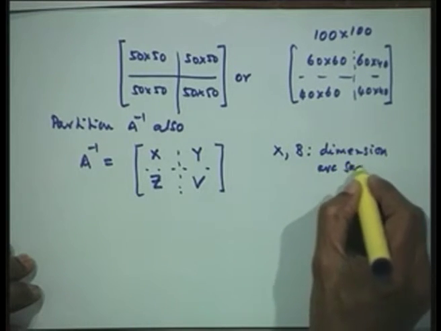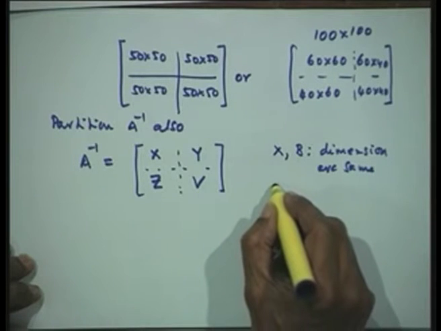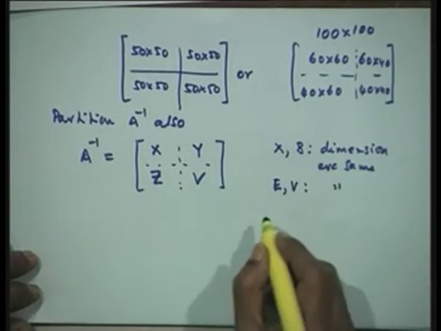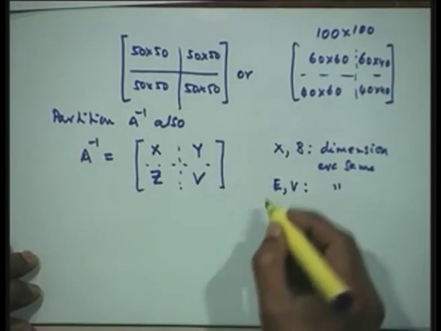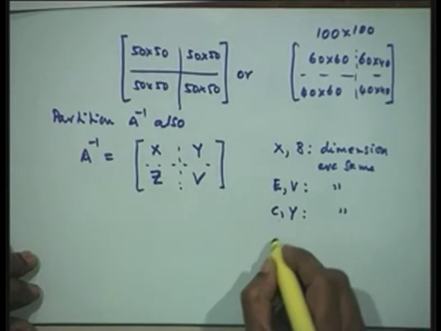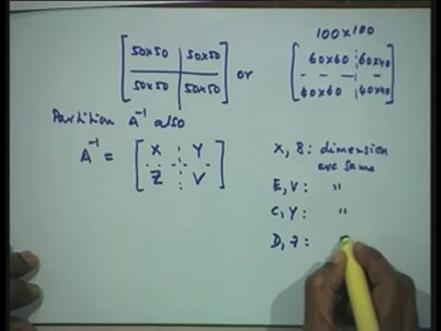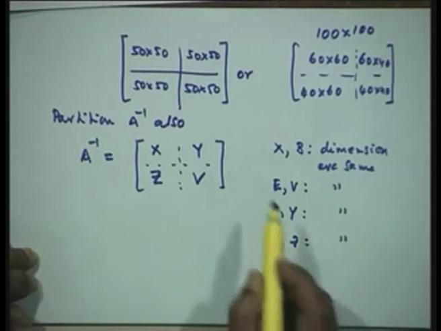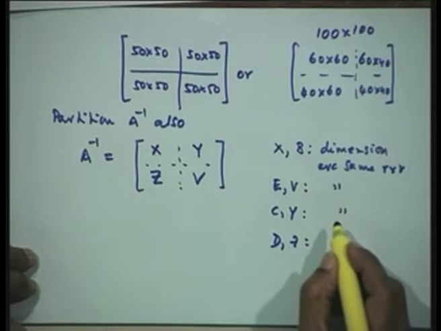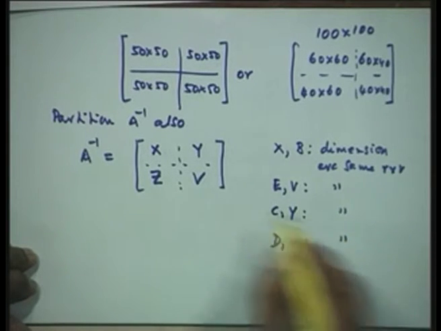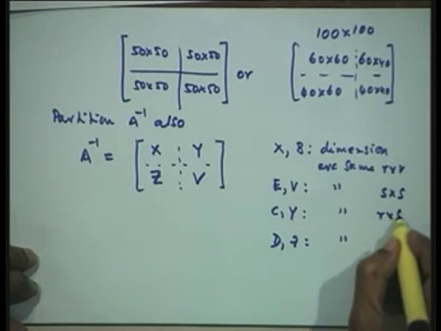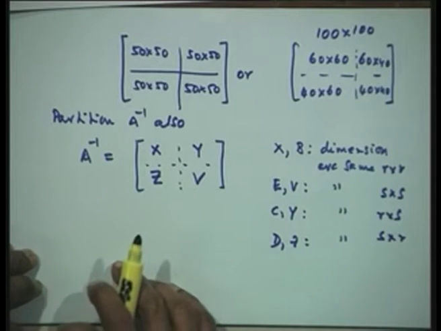Similarly, your E and v dimensions will be the same, your C and y dimensions will be the same, and D and z dimensions will be the same. That is, this is R into R, and we have taken E and v as S into S, C as R into S, and this as S into R.